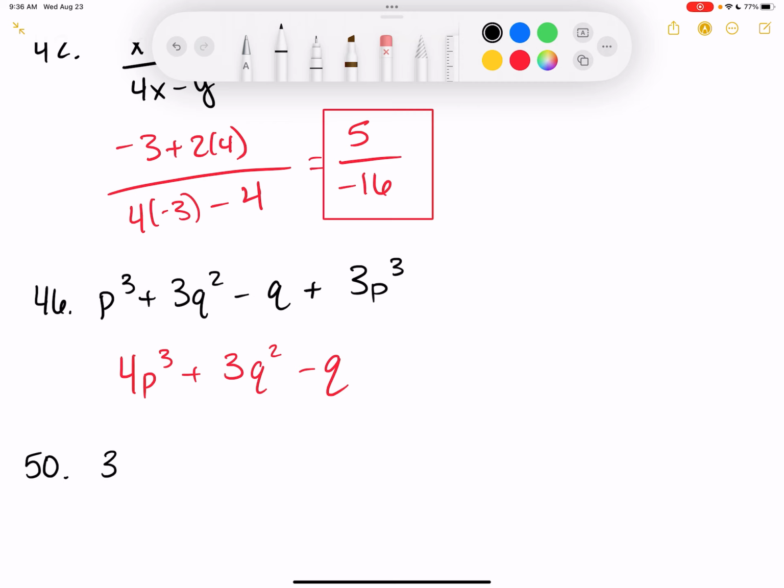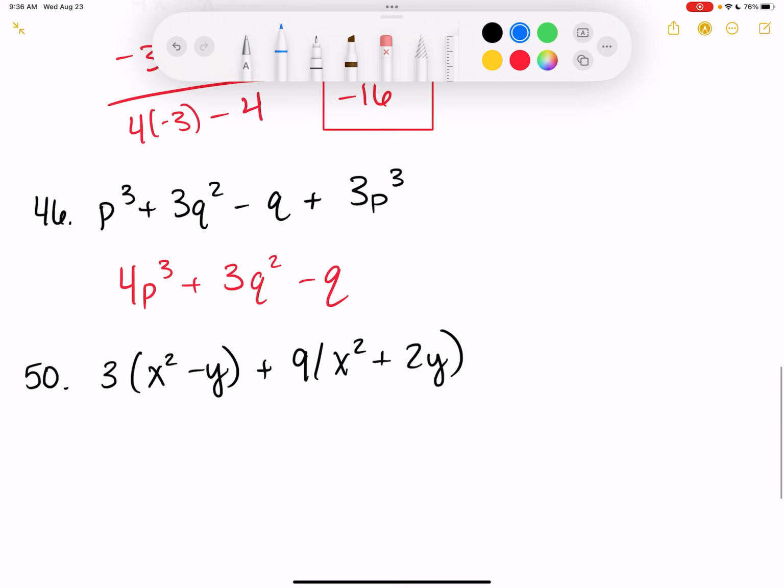This is our next one. All right. What am I doing first on this one? You're putting 3 times 2x times y. So, -3y. And then what? Is that a parenthesis by 9? Yeah.